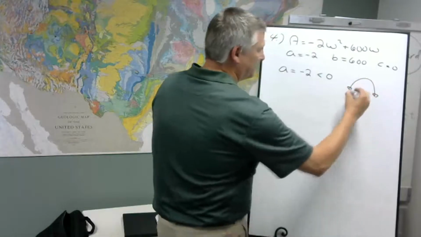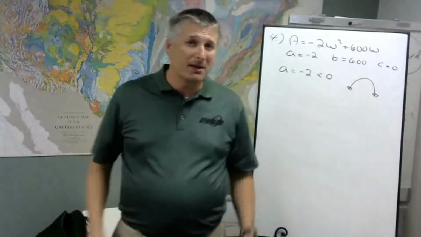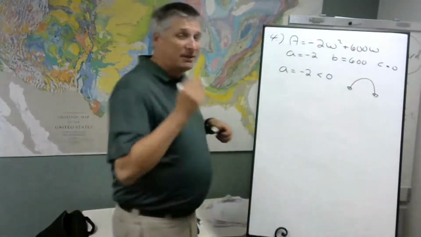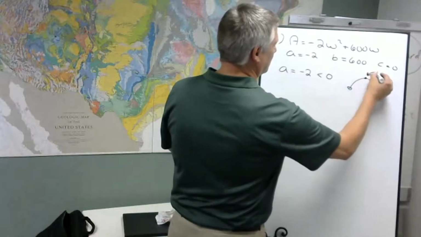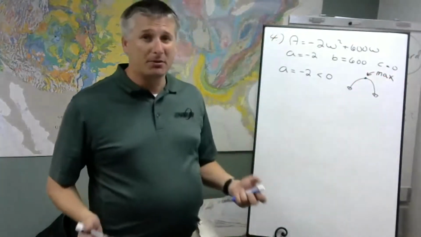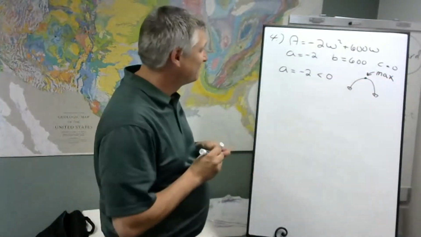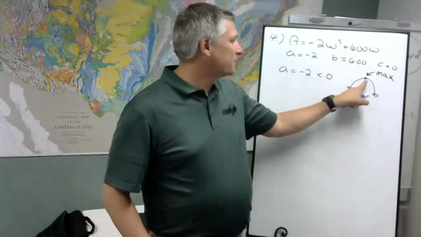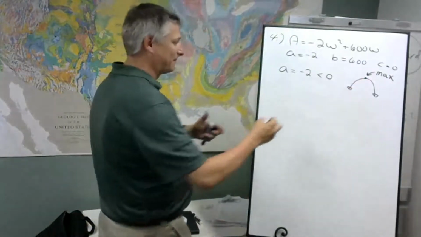So it's downward facing. So here's the cool thing with parabolas and minimum and max. Because this is downward facing, the vertex, that becomes the highest point on this parabola, or the maximum point on this parabola. So if we can figure out the vertex, and remember, this is representative of the area.